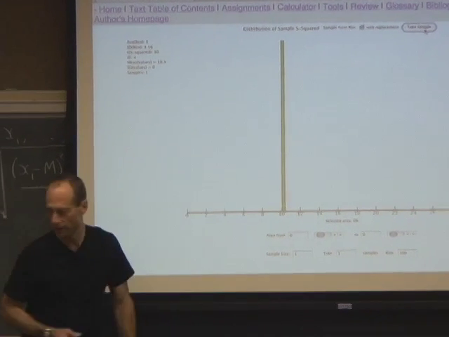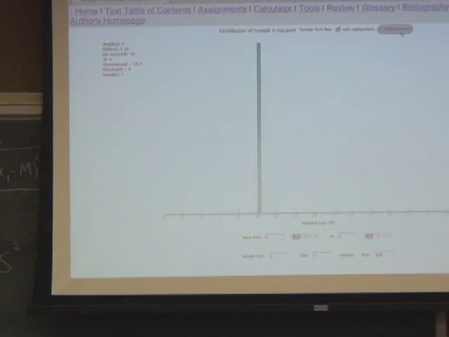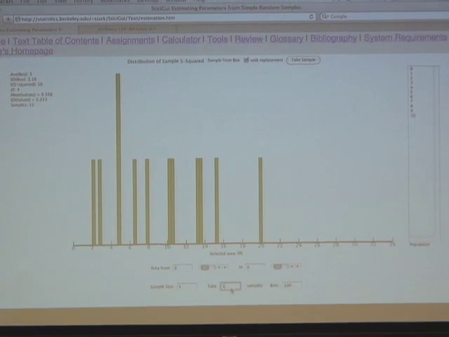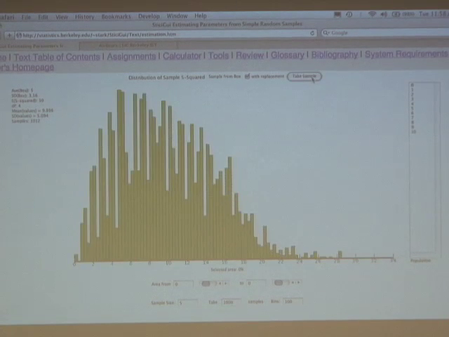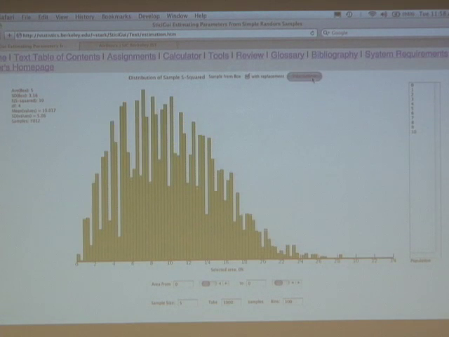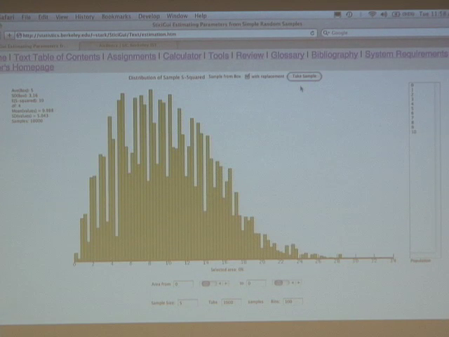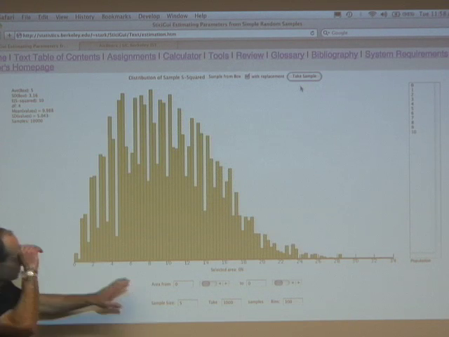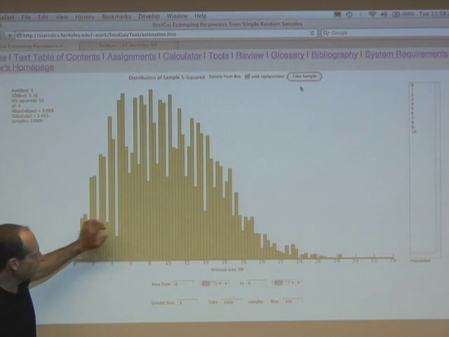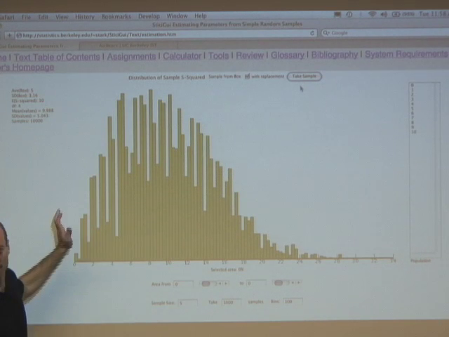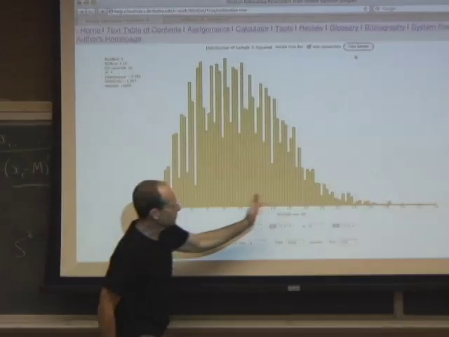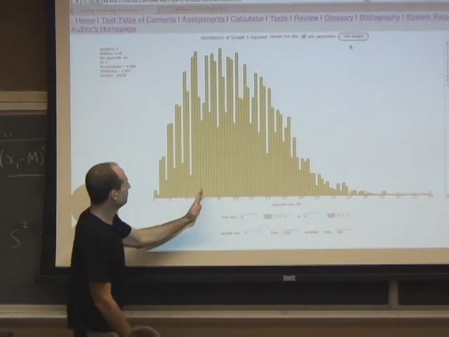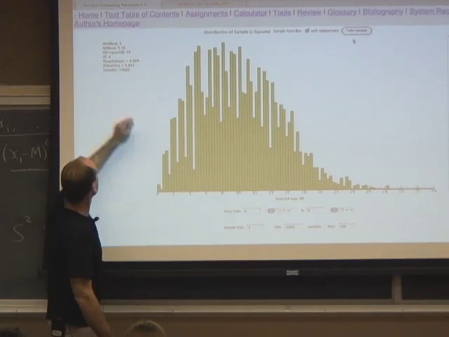That's what we got. So we can do this a bunch of times, and let's speed it up. Now we've drawn 10,000 samples of size 5 and plotted a histogram of the values we got for S squared. Sometimes you get a very big value; typically you get a moderate value.